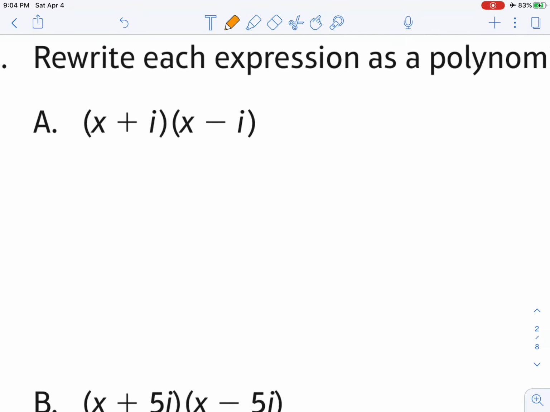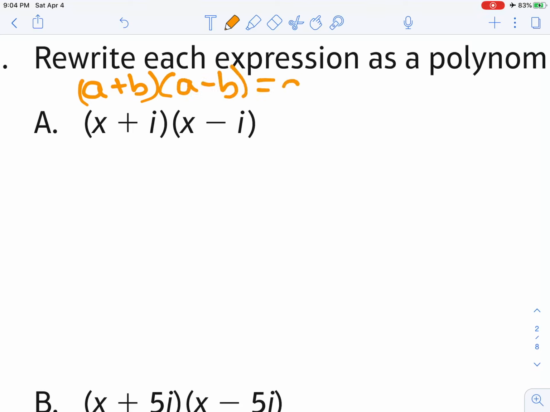Okay. So let's look at this. We need to find out our pattern for this. So difference of two squares. Remember that if I have this times this, that is just going to be the first one squared minus the second one squared. Okay, so here we go. x squared minus i squared.